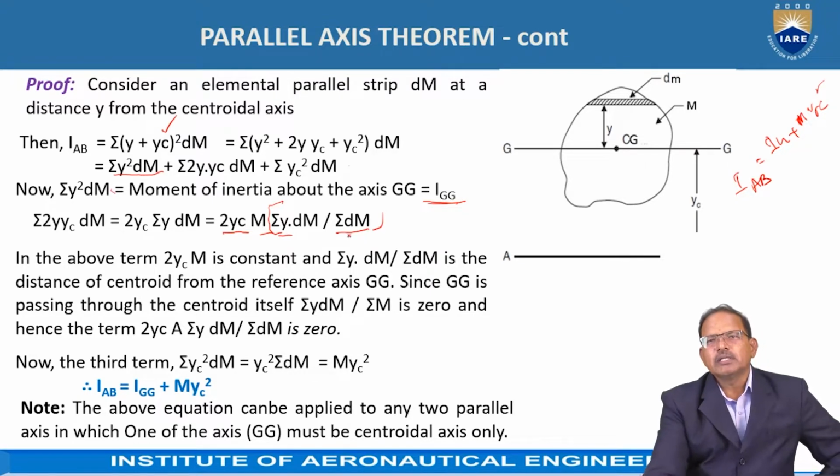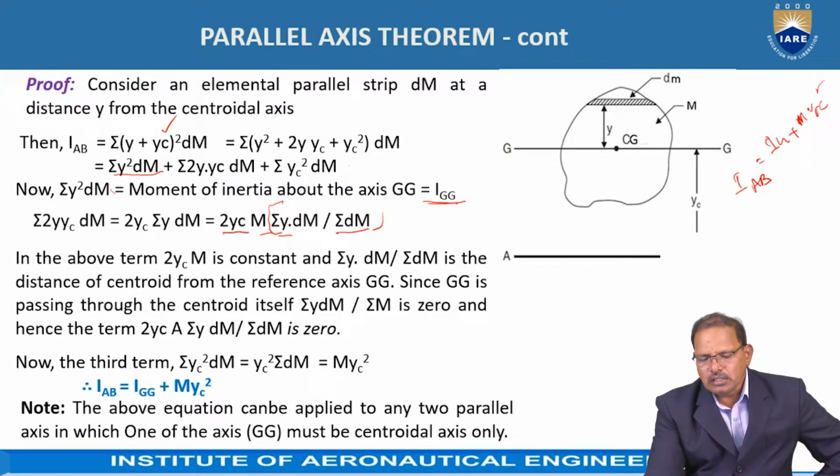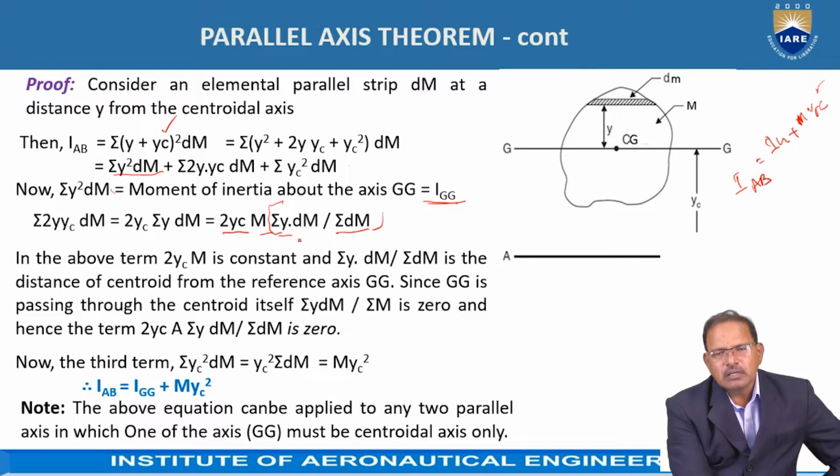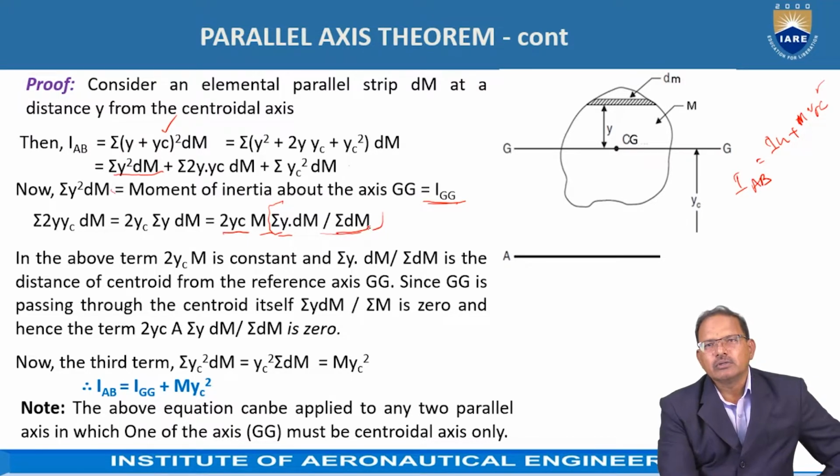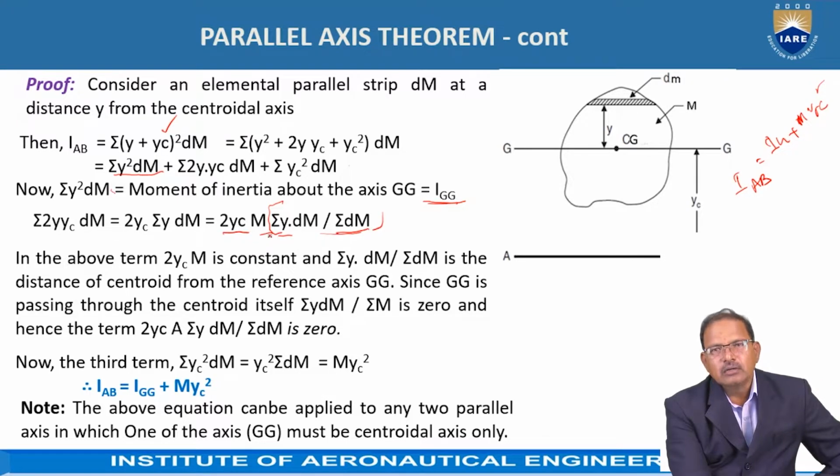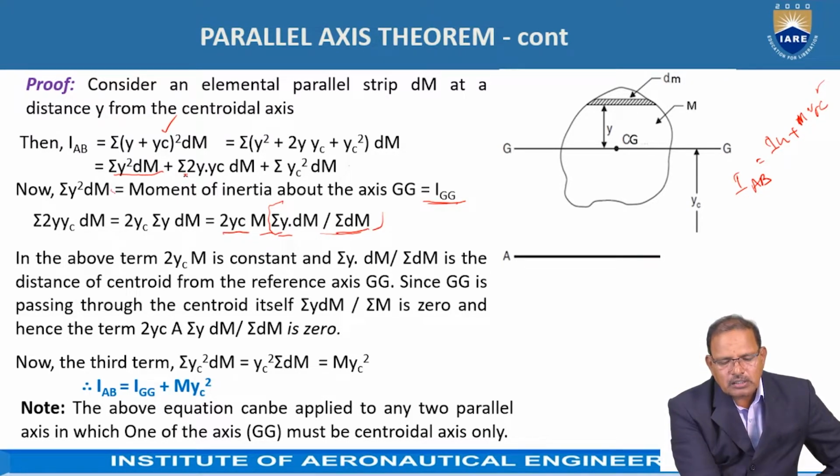This represents the position of the centroid with respect to the central axis or reference line GG. But the centroid itself coincides with the GG axis. Hence, the term sigma y dm divided by sigma dm is treated as 0. Hence, in the term 2 yc into m, the remaining value is equal to 0, so the middle term is also equal to 0.